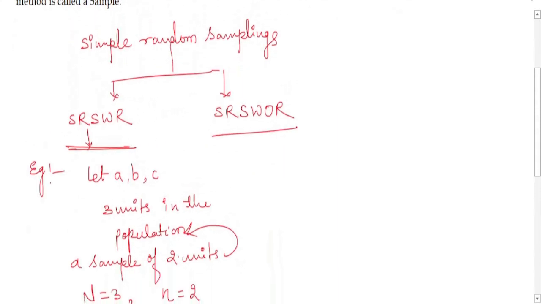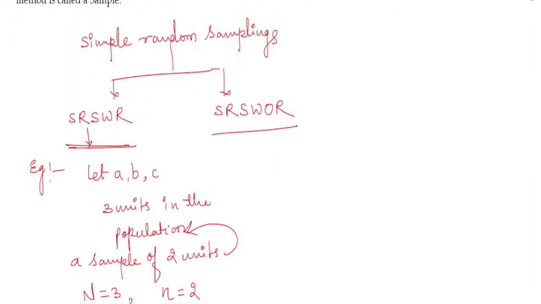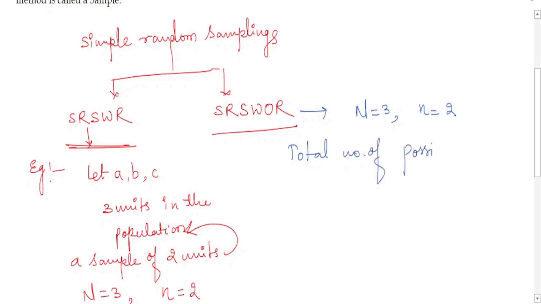And if we are discussing simple random sampling without replacement, again we will continue with the same data. Capital N is equal to 3, small n is equal to 2, and the total number of possibilities here is capital N C small n. This is nothing but the combination, C stands for combination.